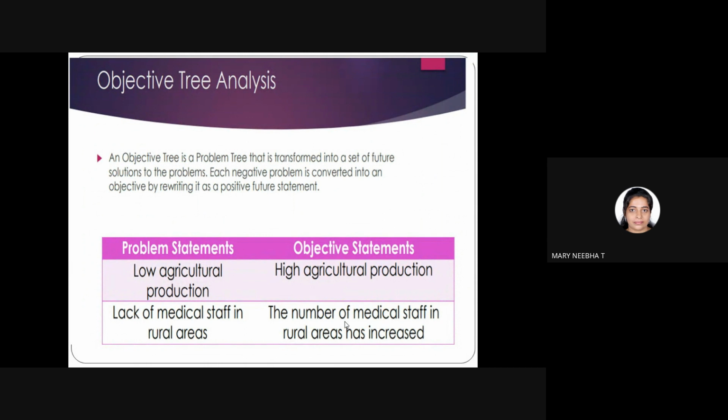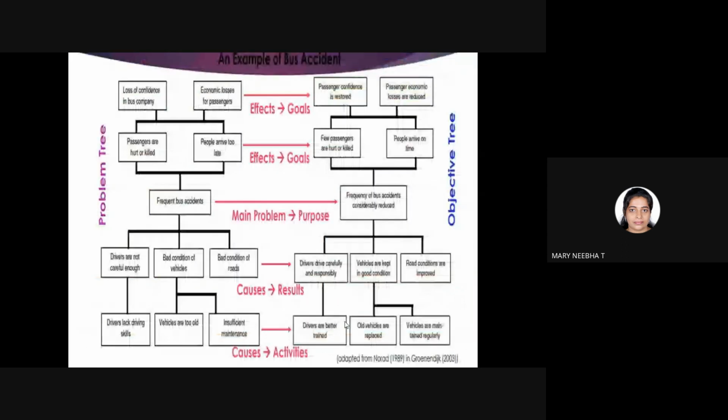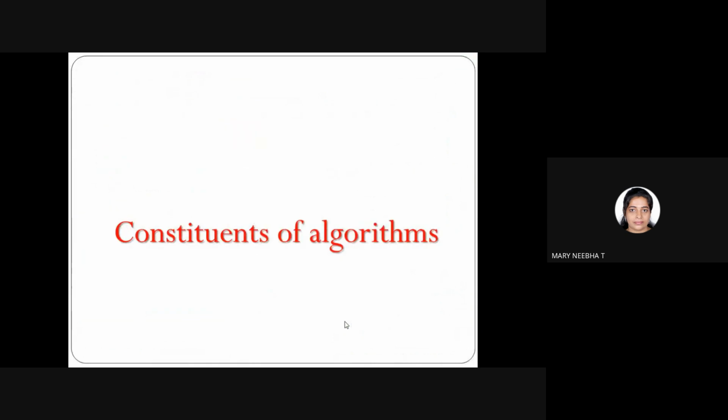Here you have problem statements and objective statements, so it is vice versa. In the objective tree, the means are the roots and the ends are the tree. The main difference between problem tree and objective tree is that the problem tree lists all the negative statements, but the objective tree is optimistic and we list the positive statements. So you can draw objective trees also.